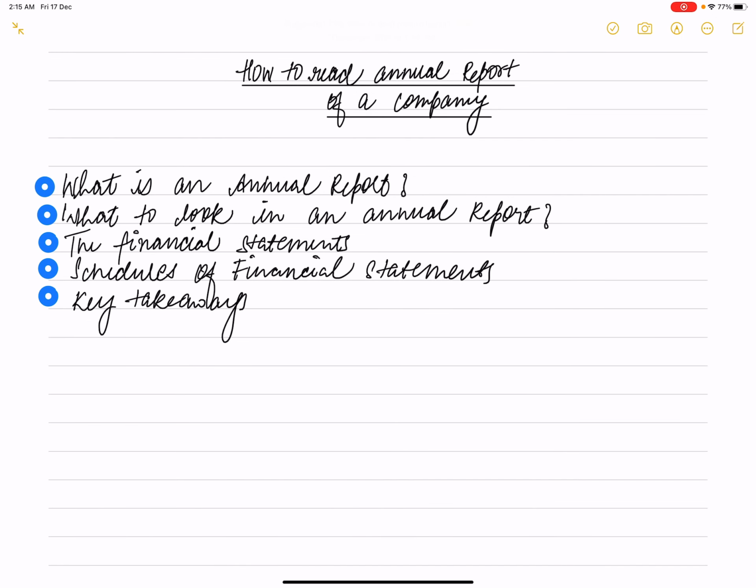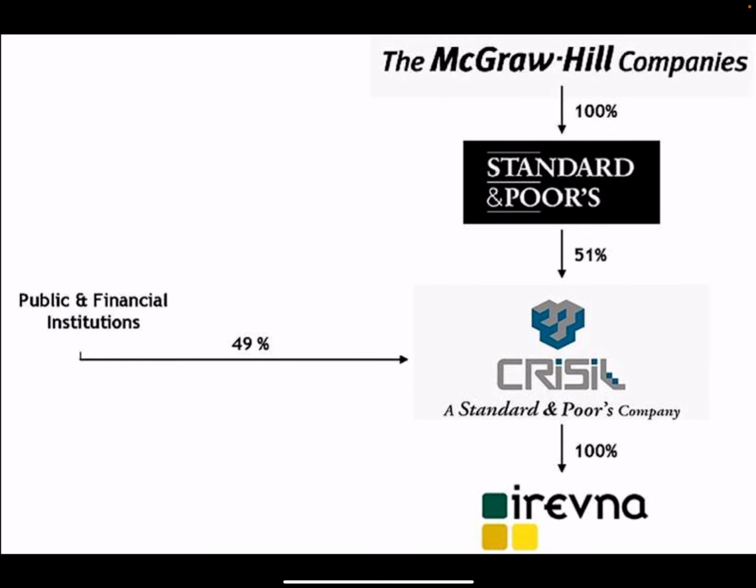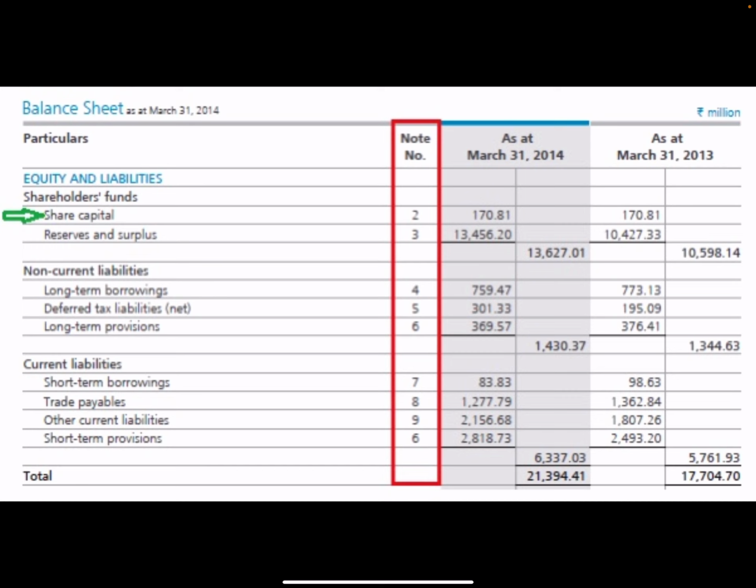statements. When the company reports its financial statement, it usually reports the full statement and follows it up with detailed explanation. Have a look at the snapshot of ARBL's financial statement balance sheet. Each particular in the financial statement is referred to as a line item.